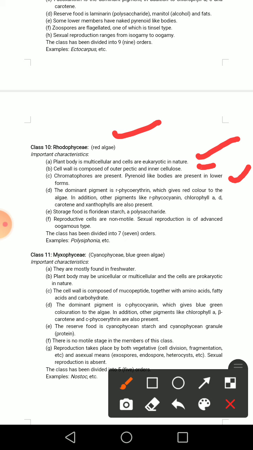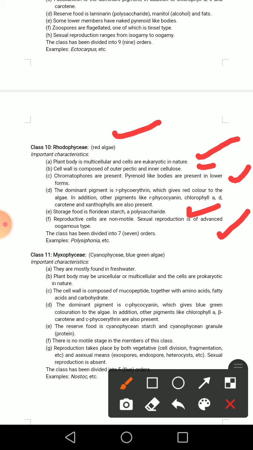In addition, other pigments like R-phycocyanin, chlorophyll A, D, carotene, and xanthophylls are also present. Storage food is floridean starch, a polysaccharide. Reproductive cells are non-motile. Sexual reproduction is of advanced oogamous type. The class has been divided into 7 orders, and examples include Polysiphonia.